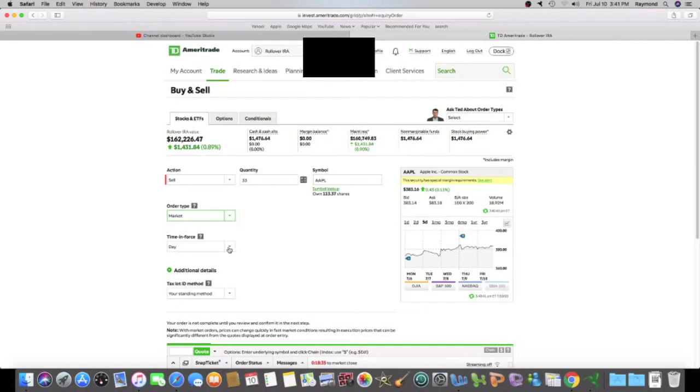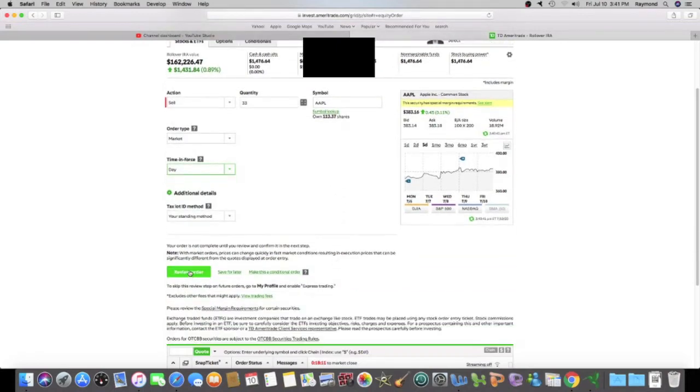Time in force. I can sell it in a day, or I can just sell it when the market closes. If I choose market on close, that means whatever the price is when the market closes, which is 4 o'clock, that's how much money I'll get when it sells. But I'm going to do day.